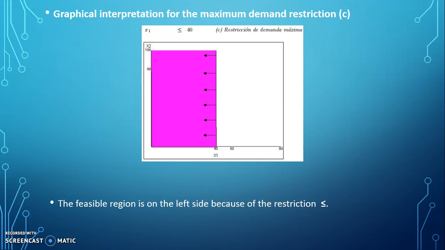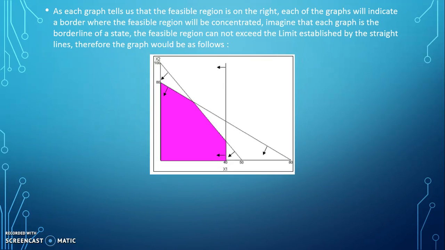Graphical interpretation for the maximum demand restriction C. The feasible region is on the left side because of the restriction of less than or equal. As the graph tells us, the feasible region is on the right.